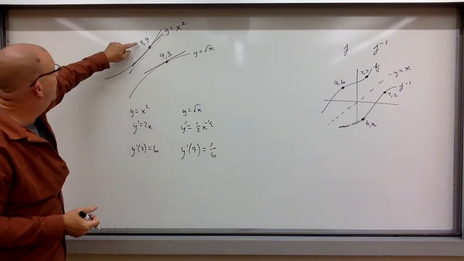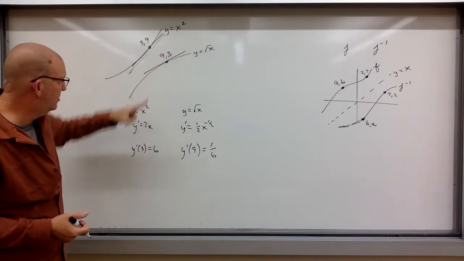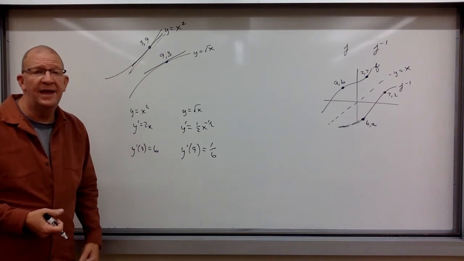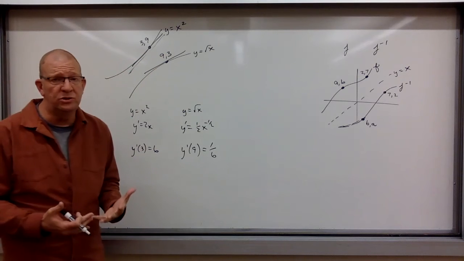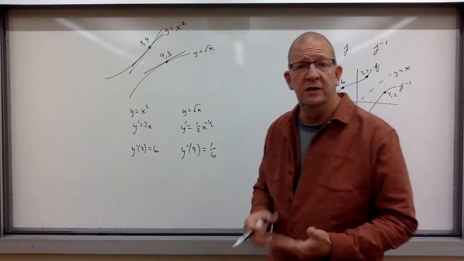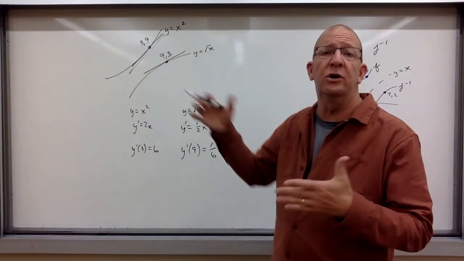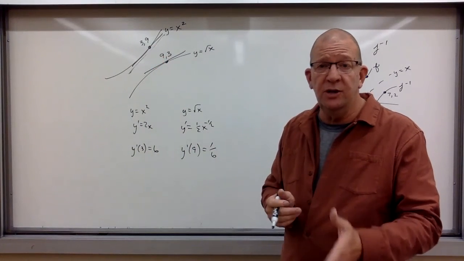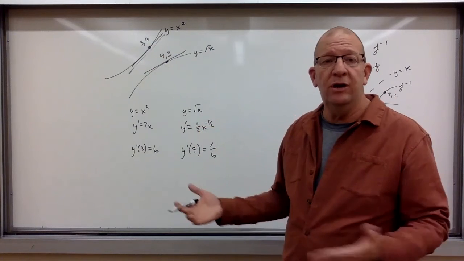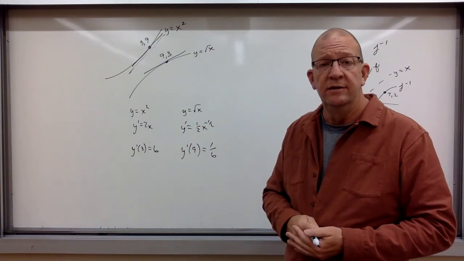And they deal with 3, 9, 9, 3. So here and here. And that's how I approach the derivatives of a function and its inverse. Just draw the little picture, understand the relationship between a comma b and b comma a, and calculate your slopes.